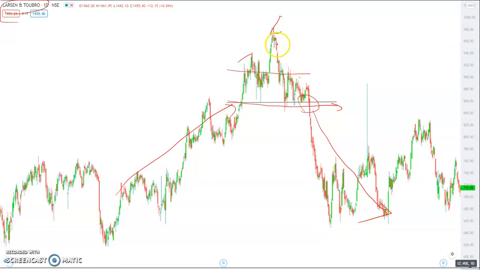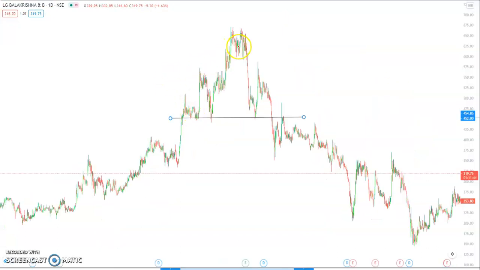So this is our target: the distance between the neckline and head is our target, and the stop loss is the right side shoulder. The latest shoulder is our stop loss.